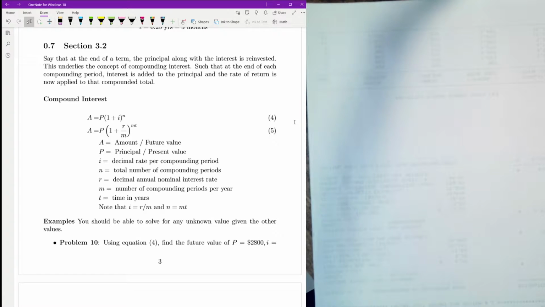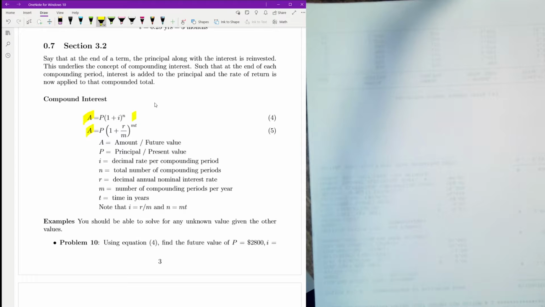And for this, we basically have two formulas. They're very similar to each other. Formula number 4 and formula number 5. The amount is equal to the present value, or the principal, times, in the case of the first equation, 1 plus i to the nth power.